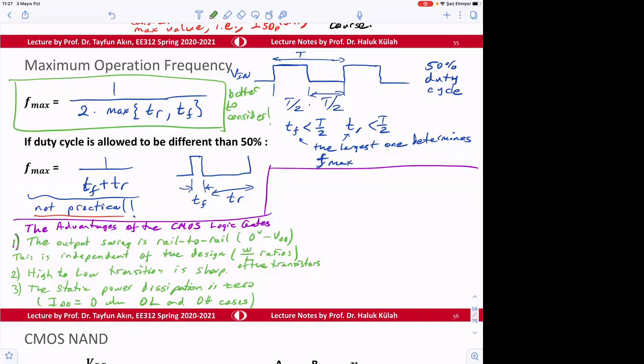The design is simple. No need for W/L ratio calculations.